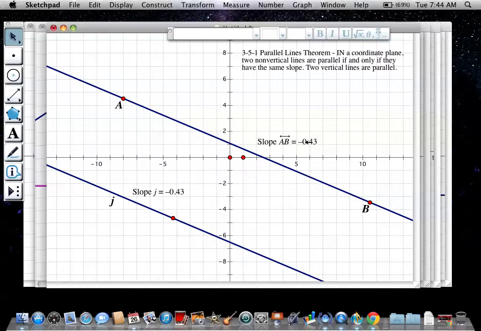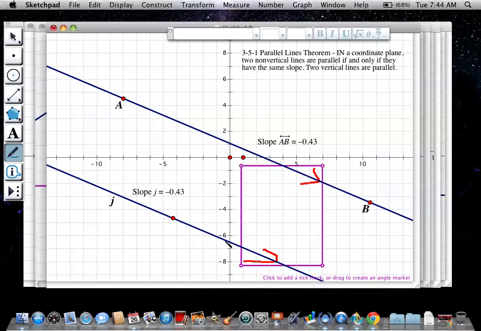The slope of AB is negative 0.43, so it's a negative slope. The slope of J is negative 0.43. So since they both have the same slope, these lines are parallel. Same slope, lines are parallel.